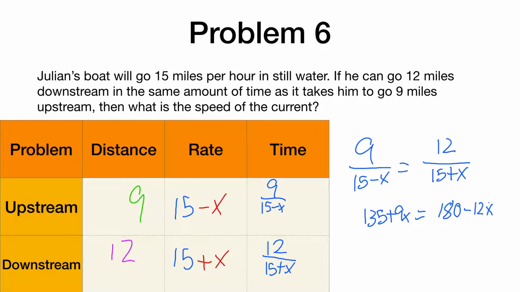So when I combine, that becomes 21x equals 45. x is equal to 7 1/7. Sorry, not 7 1/7. Whoa. It's 15/7 or 2 1/7. That's a much better answer.